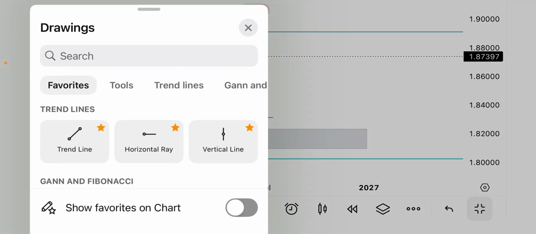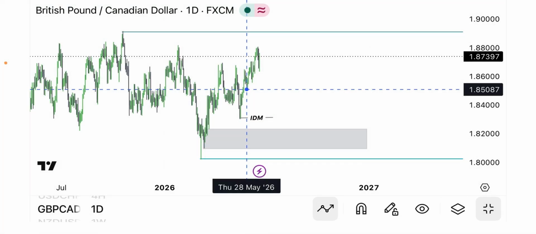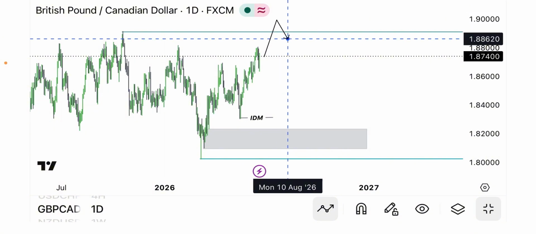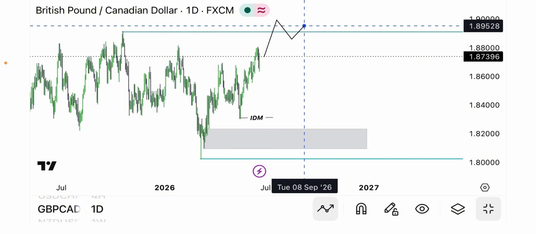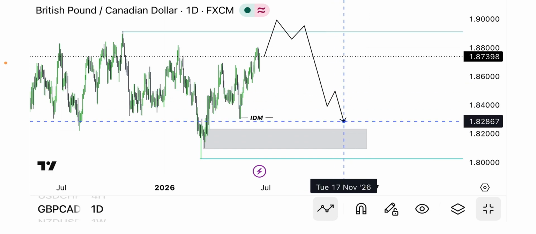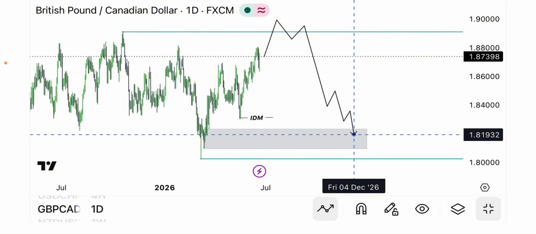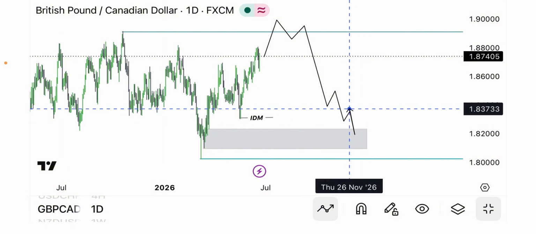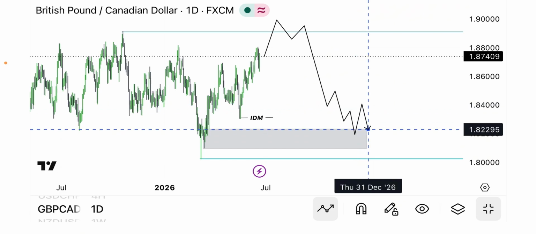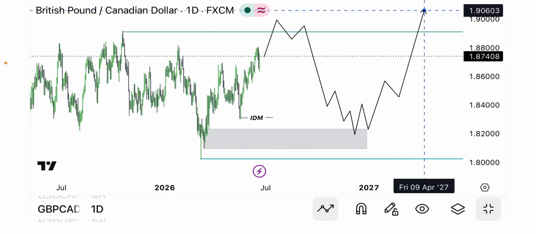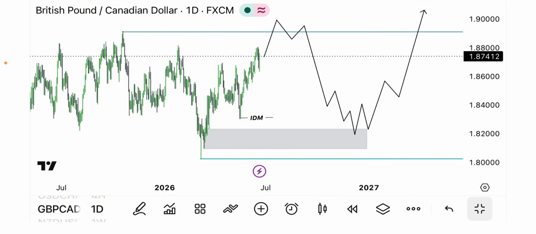So we expect the market, from where it is now, to break above this particular zone, then push to the downside, collect this inducement or liquidity, tap on this demand zone, then change character by breaking above this previous high, come back to retest the demand zone on the lower time frame, and then start moving to the upside.